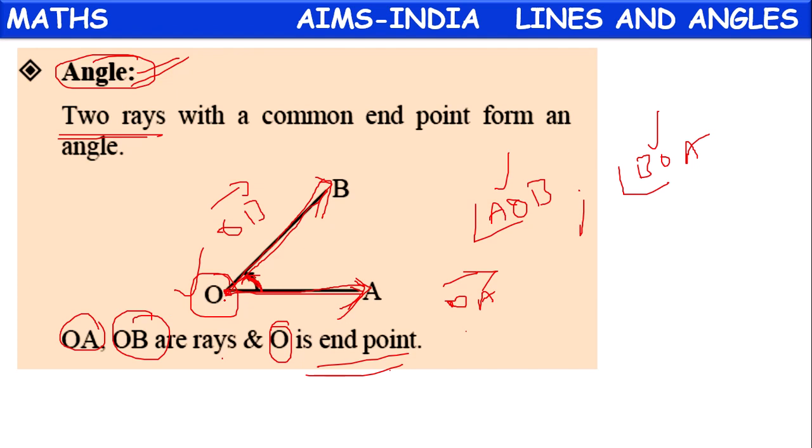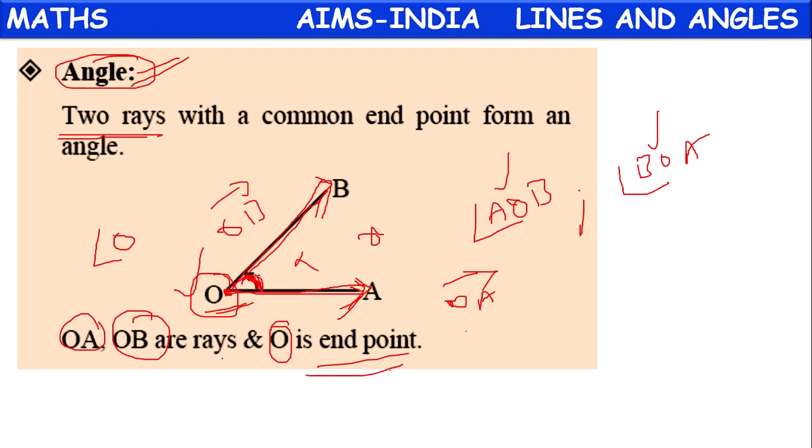Or sometimes we can mention it with only one letter, angle O. Sometimes with Greek letters, alpha, beta, gamma, or small letters X, Y, Z, like that.